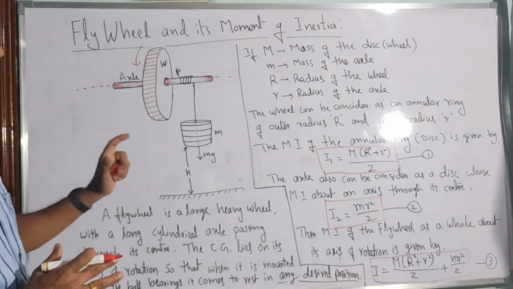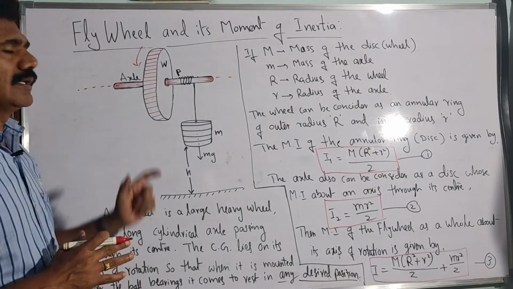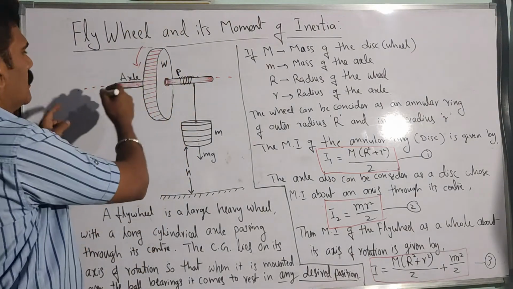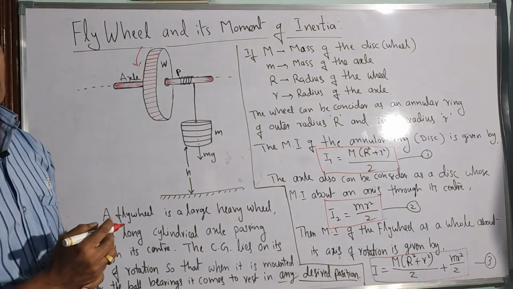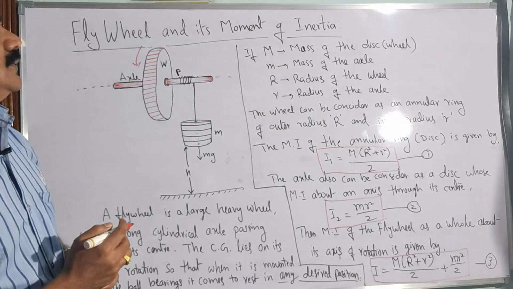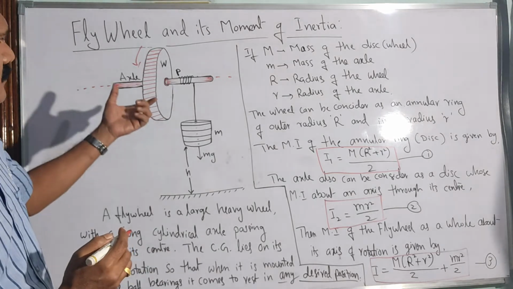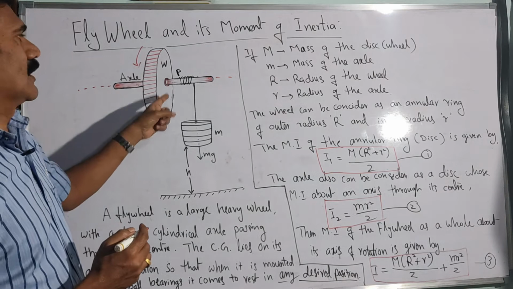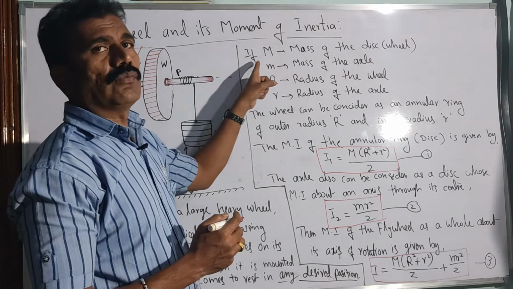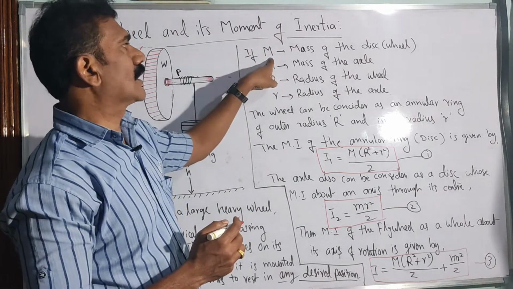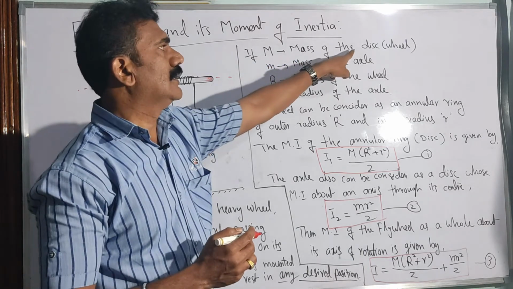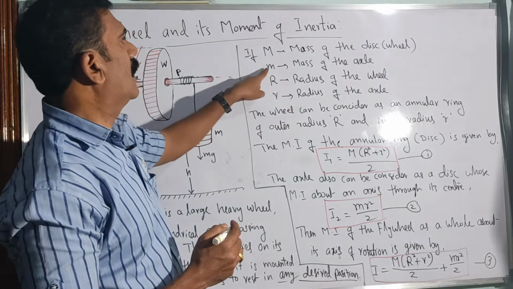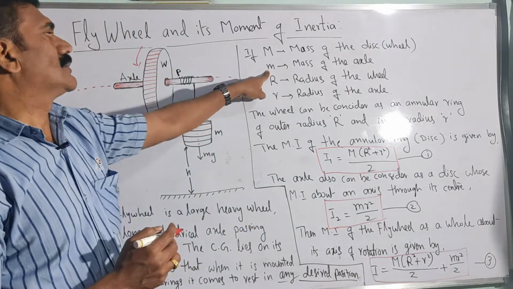Now, how to find the moment of inertia of the flywheel when it is rotating about the axis passing through the axle at the center of the wheel? For that we should know the mass of the wheel, mass of the axle, the radius, etc. To find the moment of inertia, let capital M be the mass of the disc, or wheel, both are the same.